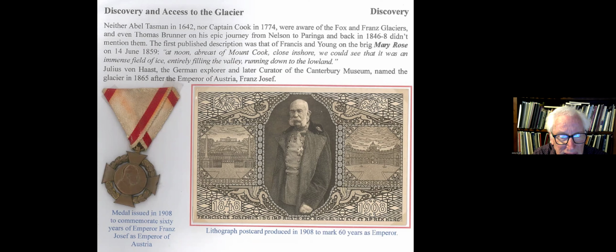So I've got a postcard there of the Emperor, produced in 1908, and I've also got one of his medals commemorating 60 years. Now, in a strict postcard exhibit, that medal is a no-no, but I'm doing a social postcard exhibit, so I can have other things than just picture postcards.